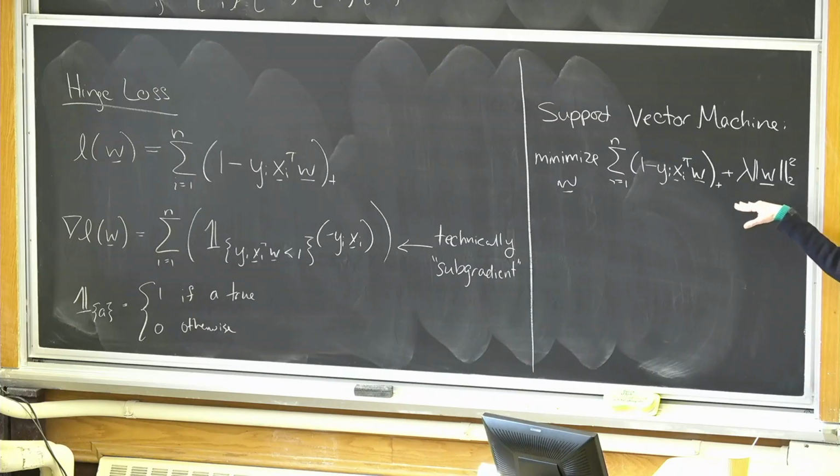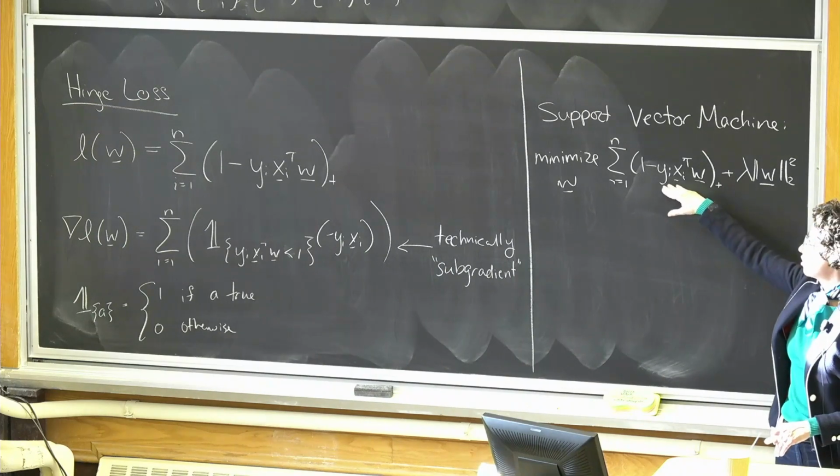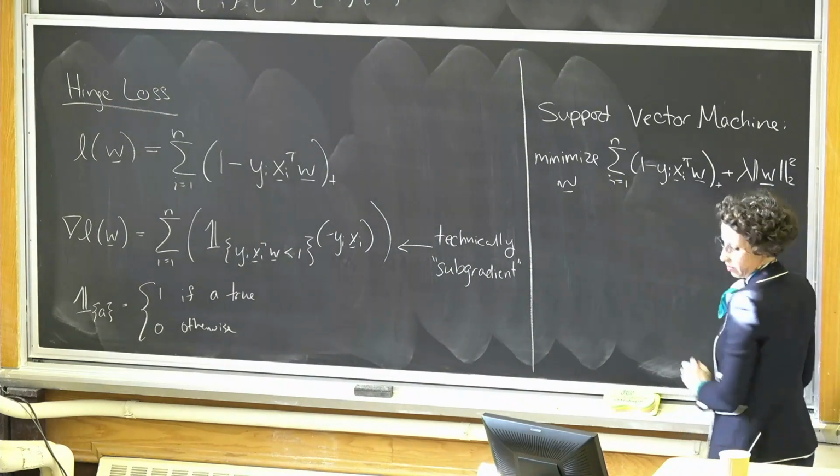So we're doing the same kind of regularization that we did with ridge regression, but instead of using squared error loss, we're now using hinge loss.